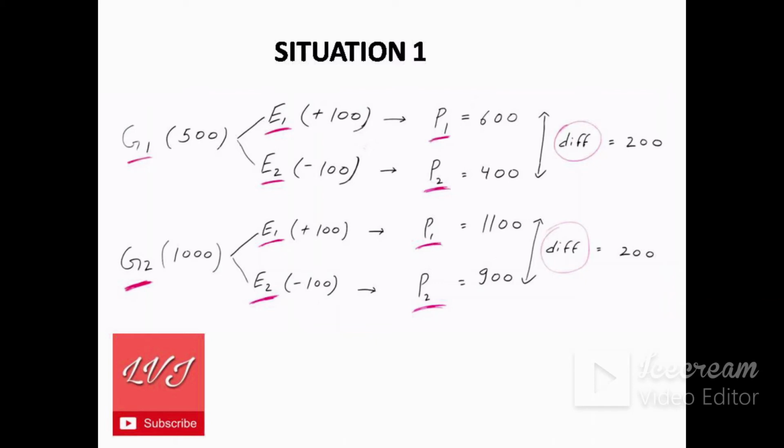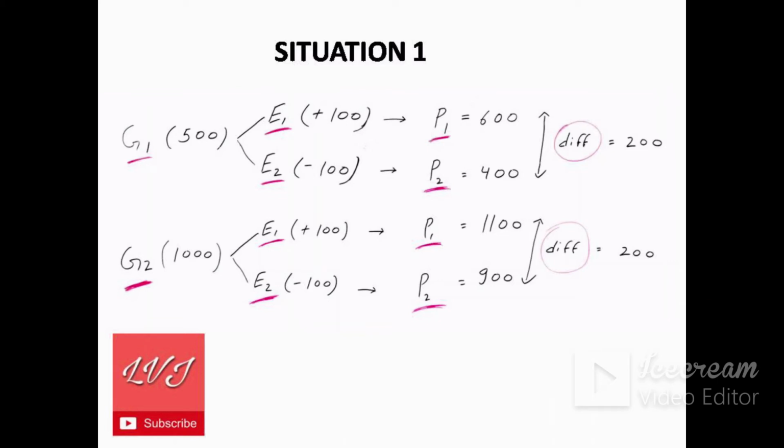One group is genotype 1 cows, and the second group is genotype 2 cows, and the genetic capability of the first group is 500 kg, and for genotype 2 the capability is 1000 kg. Now suppose there are two environments, environment 1 and environment 2.